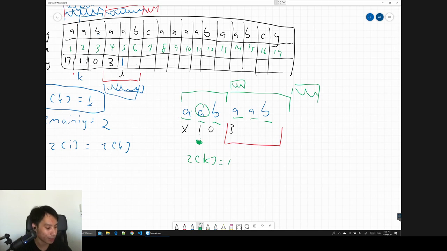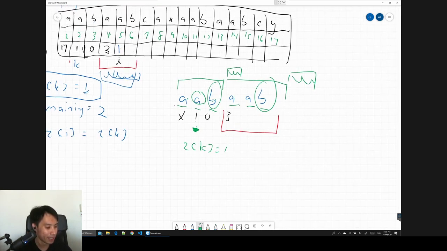But the alphabet here and the alphabet here is the same, which means A and A is the same as the prefix, B and B is not the same as the prefix, but I've already previously computed B is not the same as the prefix. So I do not even need to look at my B anymore to know B is not the same as the prefix, and I can just reuse the number 1. Okay?